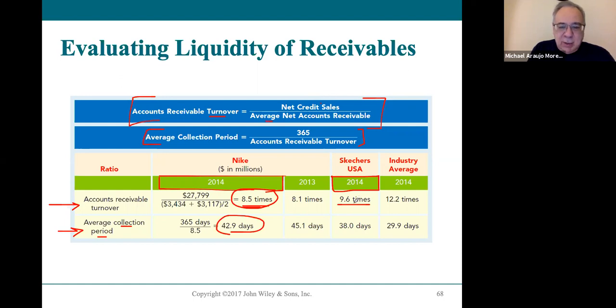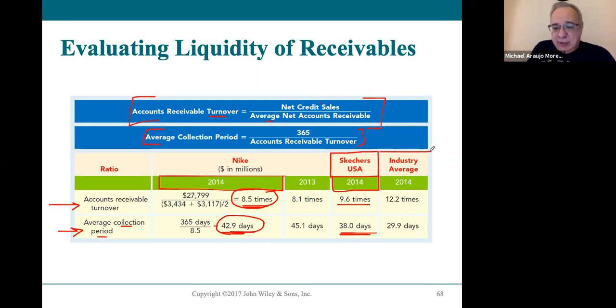But when you divide 365 by that number, it still comes out to 38 days. That's still a little sketchy to me, because you want to wait 30 days and they're waiting 8 days longer. Certainly they're doing better than Nike, but still, 38 days is a ways.